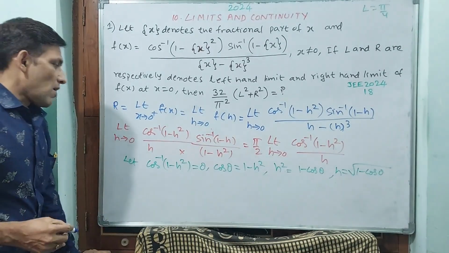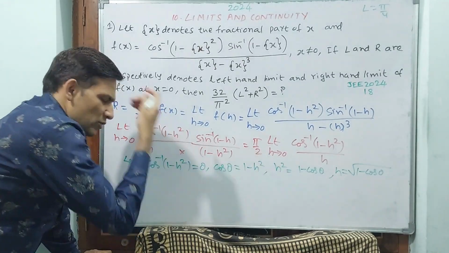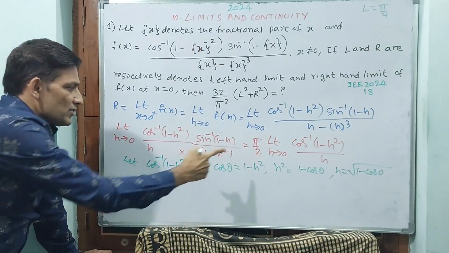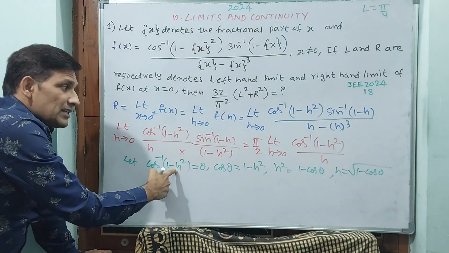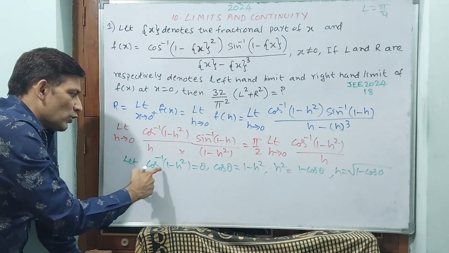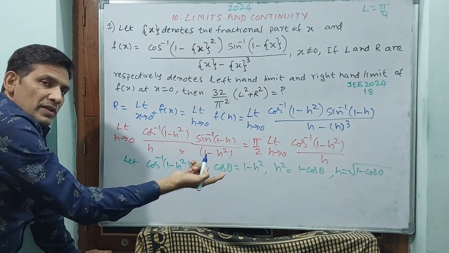From h to theta, if you convert, automatically you also have to change the limit. When h is 0, theta is also 0. Why? Because h is 0, cos inverse of 1 is 0. That is why theta is also 0.